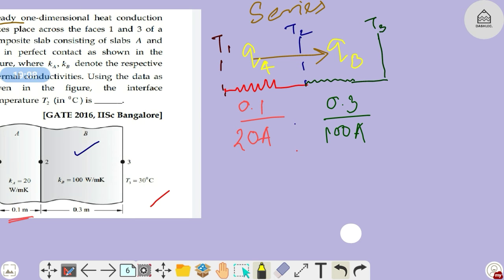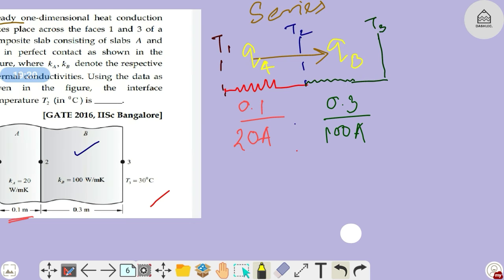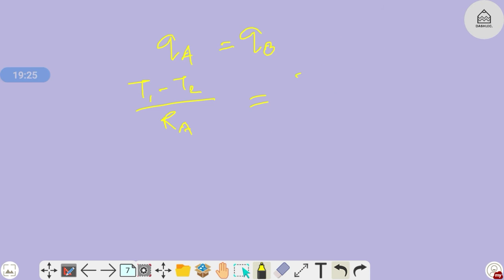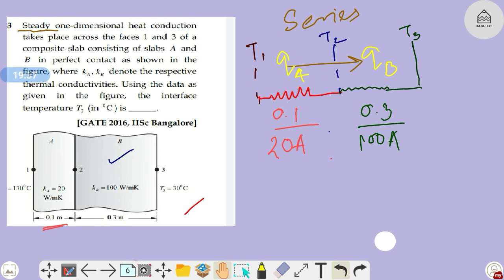QA is T1 minus T2 divided by RA, which is equal to QB, that is T2 minus T3 divided by RB. Yes or no? Yes.